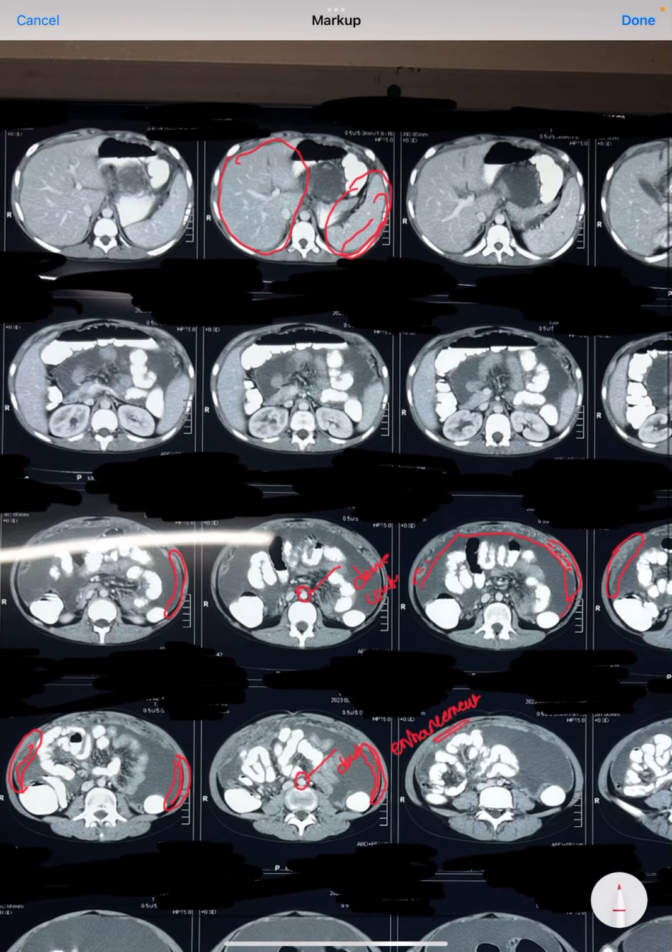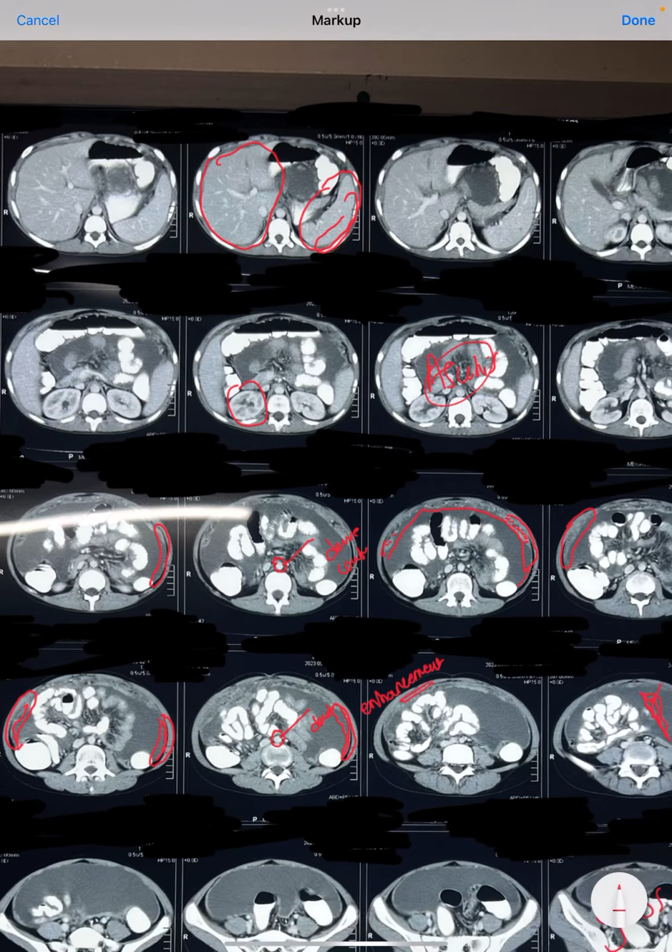So there is actually no problem of the kidney, liver or spleen, but it is the problem of the peritoneum, because the enhancement of the peritoneum is increased with contrast, and this increased enhancement means peritoneal inflammation is causing seepage of fluid from the peritoneum into the abdominal cavity, causing ascites. And this is not the only thing.